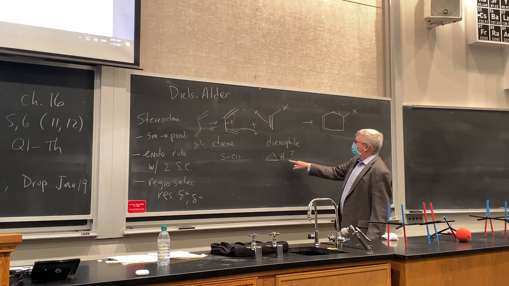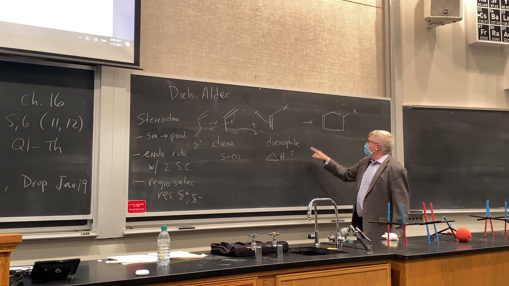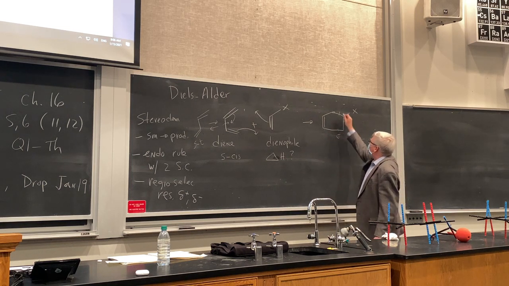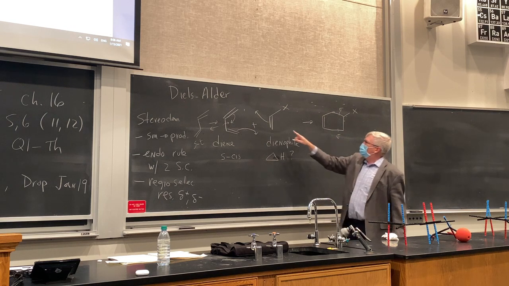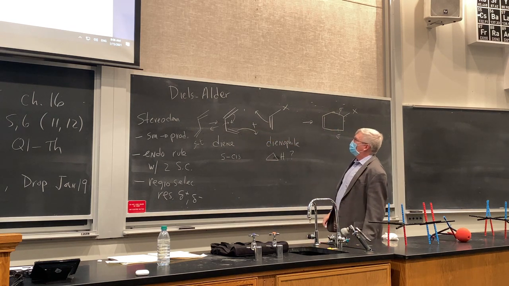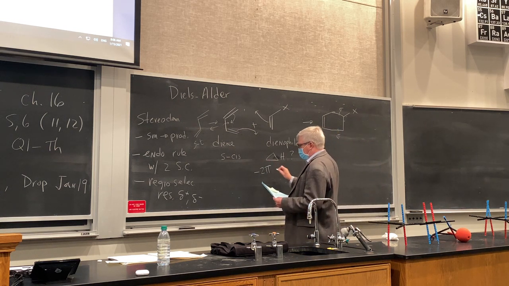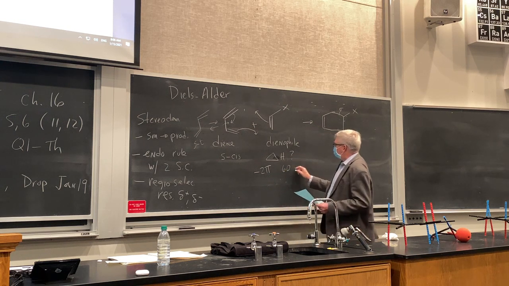Couple things to point out here is this reaction favorable? Let's see, what's the change in enthalpy? Because we're making a couple sigma bonds. We go from 3 pi bonds down to 1, right? So we're going to have to break 2 pi bonds, and that's worth 60 kcals each.